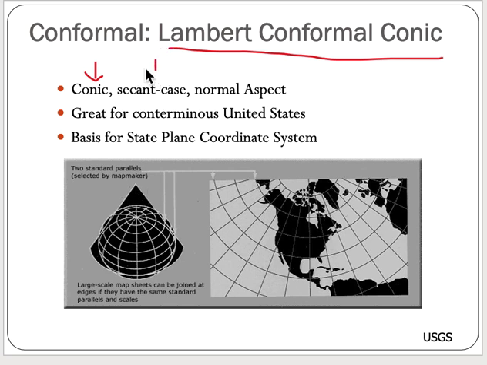It is a secant case, which means there are two standard parallels, and it's a normal aspect. So it's a normal position of the cone-shaped projection. And this is great for the United States, and this is the basis for the state plane coordinate system.